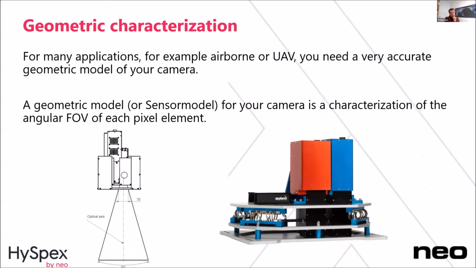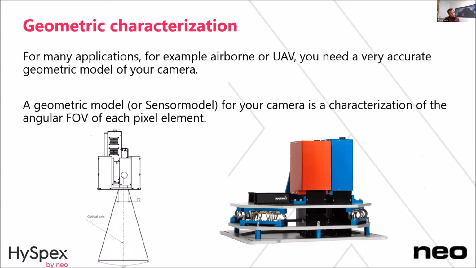I've seen suppliers that just say, this is our F number, this is our field of view, just calculate it. Of course, that is not possible in a hyperspectral system. You need to measure, with very high accuracy, the center of gravity of the PSF for each pixel to be able to tell where it's pointing with sub-pixel accuracy.